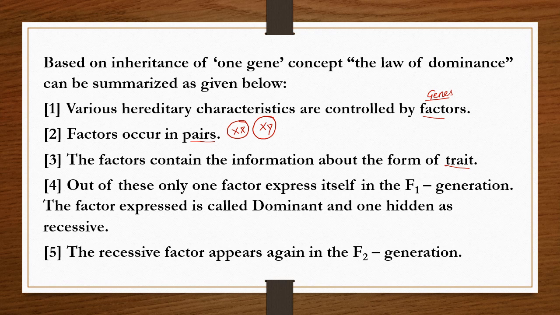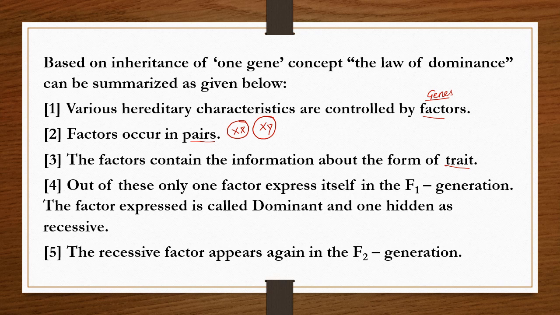So genes contain the information about the character, and that character is transferred to the next generation. Out of a pair of genes, only one factor expresses itself in the F1 generation.